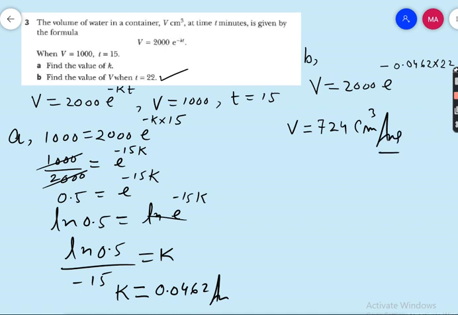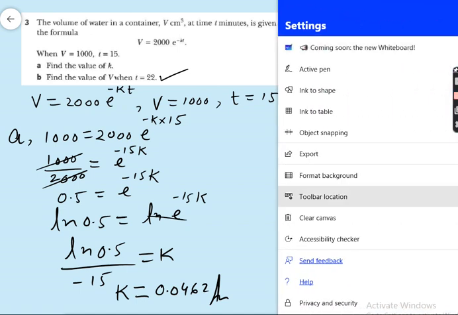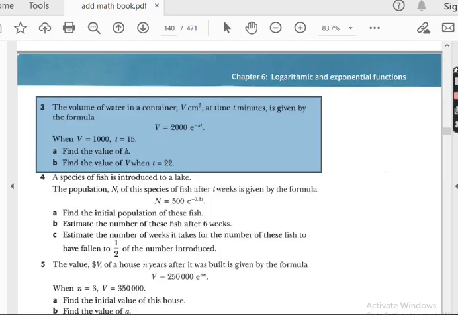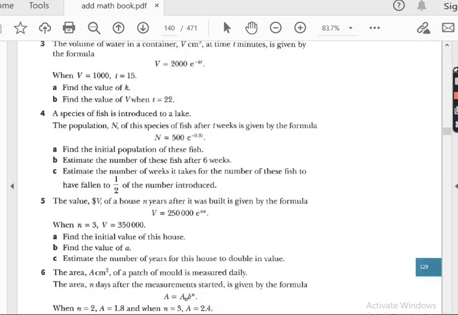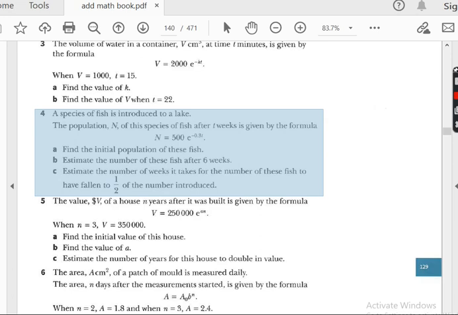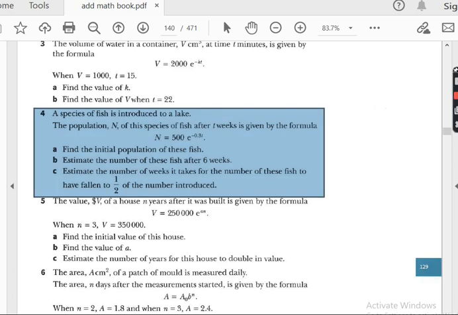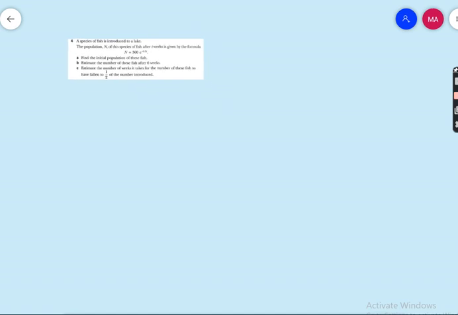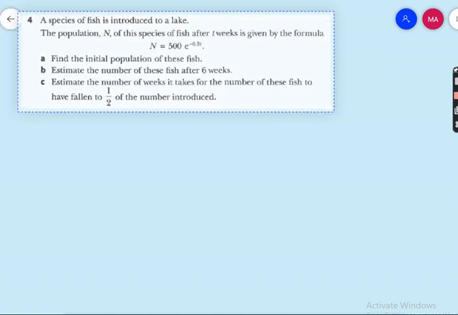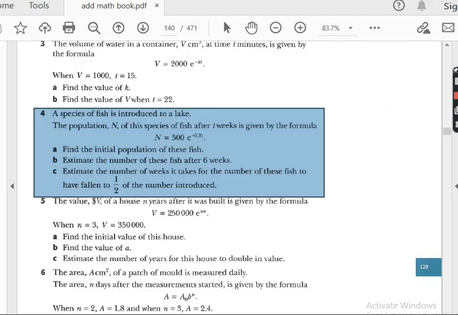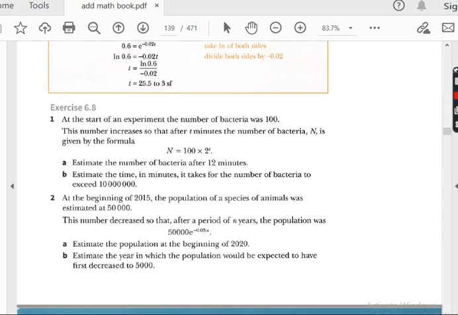So as compared to question number 1 and 2, question number 3 is so easy. Come to the next question. So question number 1 was related to biology.